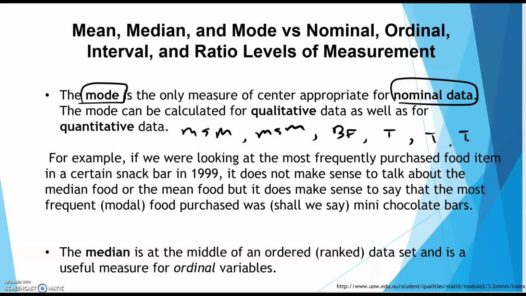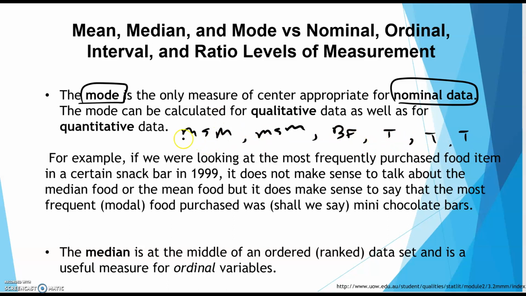Now the reason why you'd want to use the mode and not the mean or the median is, number one, for the median we'd have to put these in order first, but I don't even know how to put these in order. So it doesn't make sense to use the median there.